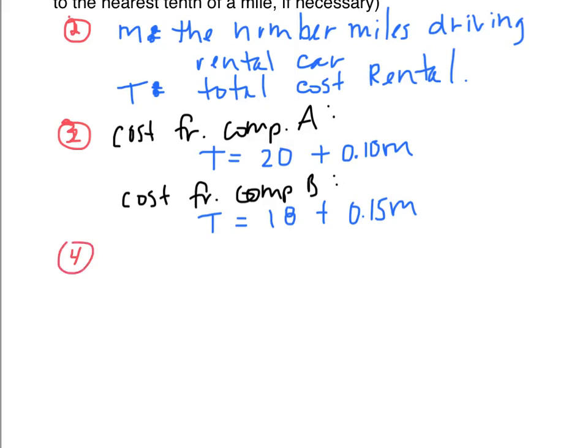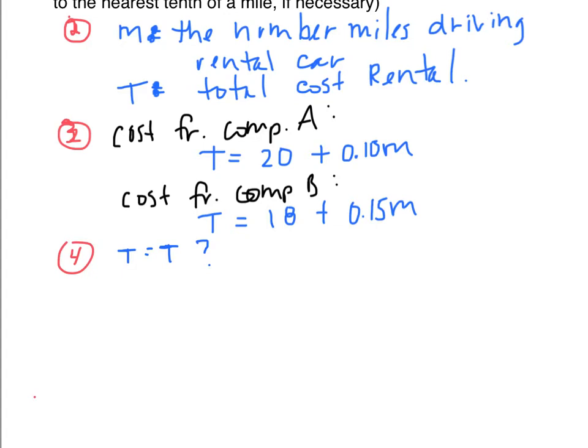And so the question is, what's the number of miles, the same number of miles, where the two costs are equal to each other? So they're basically asking us, when is this going to happen? This cost equals that cost.